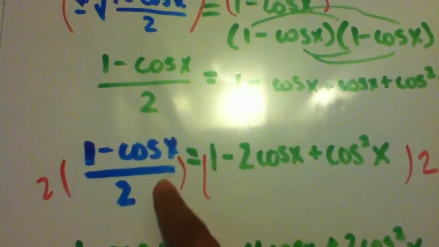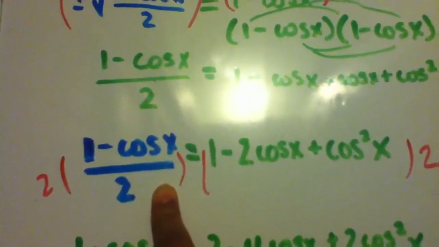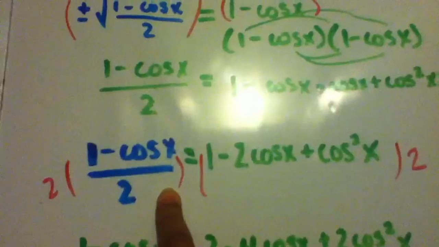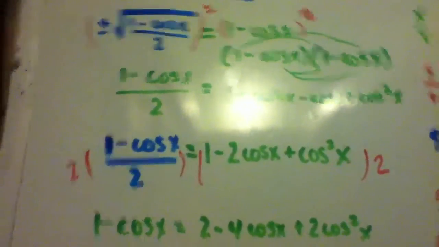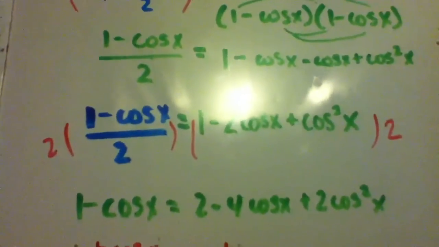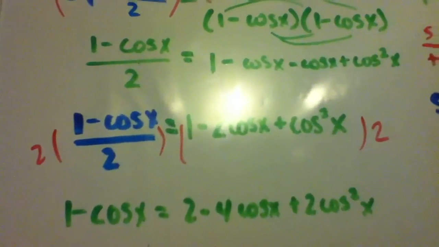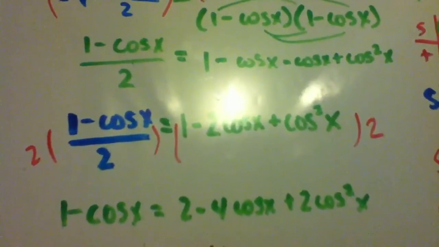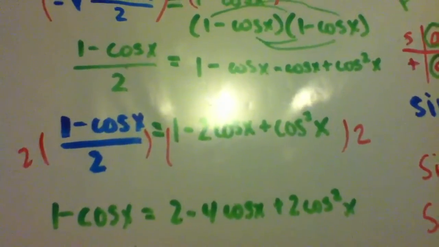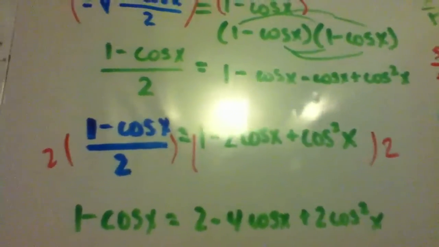Now we are trying to get rid of the 2, so we multiply both sides by 2 so that we get 1 minus cosine x equals 2 minus 4 cosine x plus 2 cosine squared x.